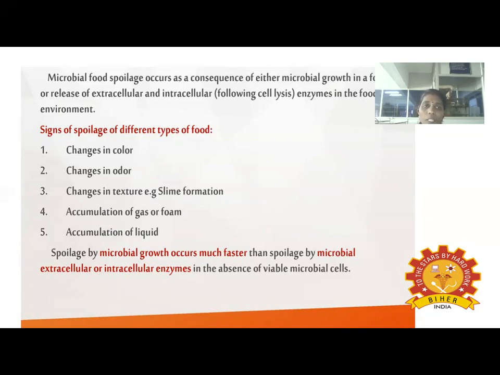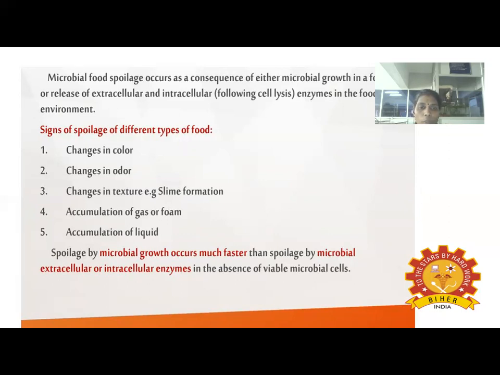First point, we can see the color. The changes in color, and the texture of the food materials will be changed. Then changes in water, slime formation, accumulation of gas or foam, accumulation of liquid.